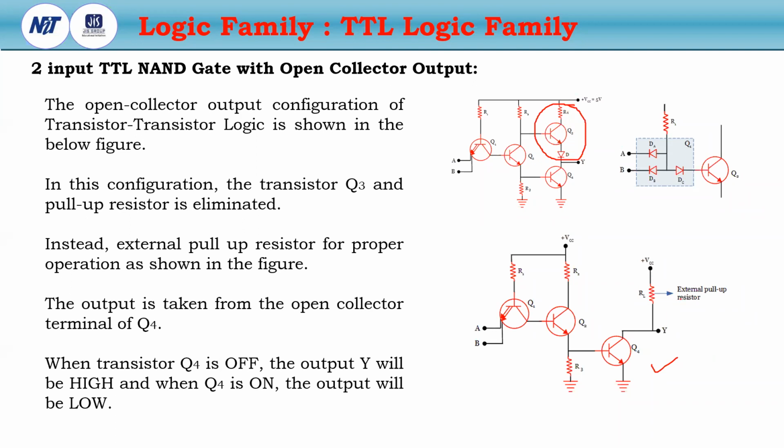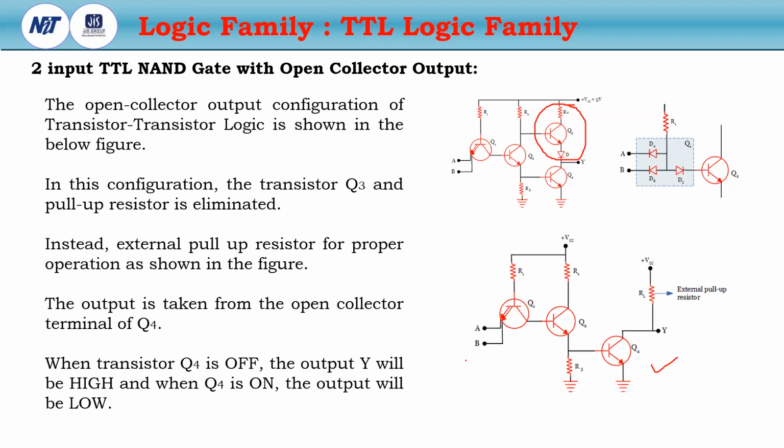This is the open collector configuration. The output is taken from the open collector terminal Q4. When the transistor Q4 is off, then no current flows from VCC to ground, so the output will be VCC, as logic 1. And when Q4 is on, then the output will be 0.